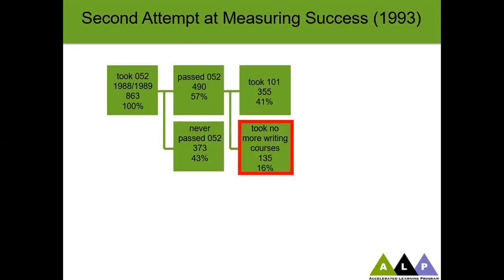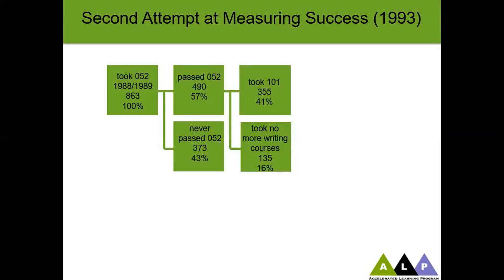What we discovered is that of the 490 students who passed English 052, only 355 of them ever attempted English 101. 135, the ones in the red block, 16%, never even attempted English 101. They dropped out of the pipeline at that point.